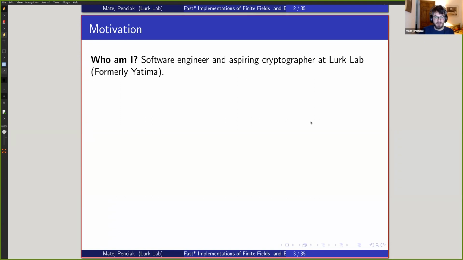Also, none of the stuff that I'm talking about today is original work, other than obviously the code that's been written, though that also has been in conjunction with a lot of the other people at Lurk Lab. Daniel, who's in the audience here, wrote a lot of this stuff along with me. And there are other people who worked on the project as well. Arthur, I think, is also in the call, and a few other people at Yatima or Lurk Lab.